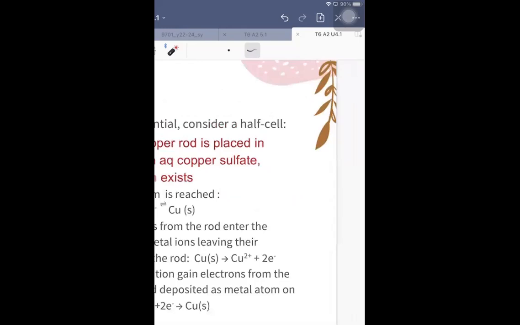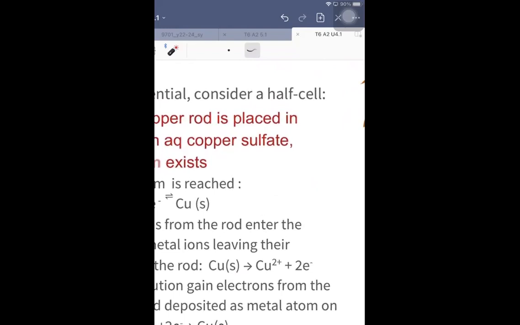So what happens if we look microscopically into this copper solid, copper metal, and the copper 2+ aqueous ions? There is an equilibrium being formed. The equilibrium is between the copper 2+ forming copper solid, which is the reduction process, as well as the copper solid dissolving into copper 2+ in the solution.